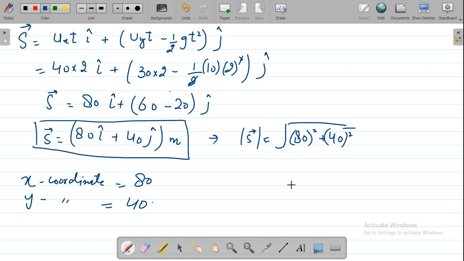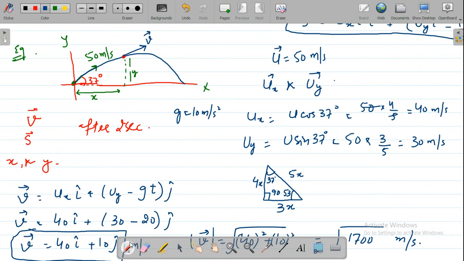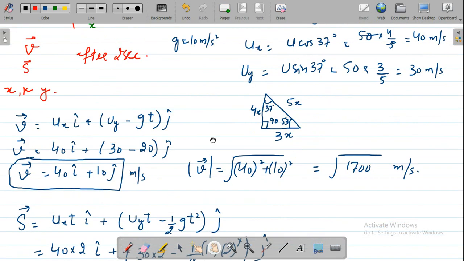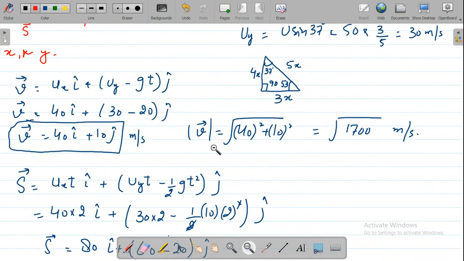Calculated, that will be the value of displacement. 80 and 40 represent the value of x from here to this point, it's 80 meters, and this is 40 meters. 80 and 40, this is the answer of this question.